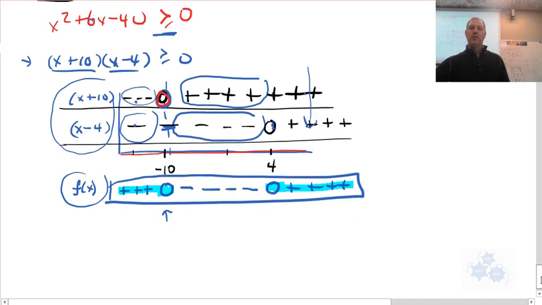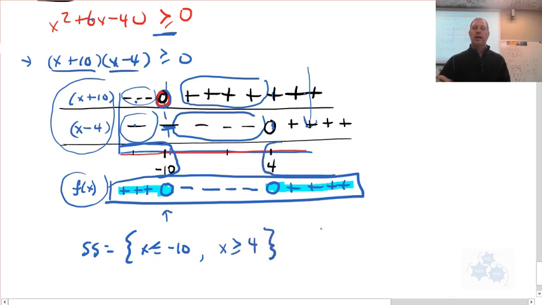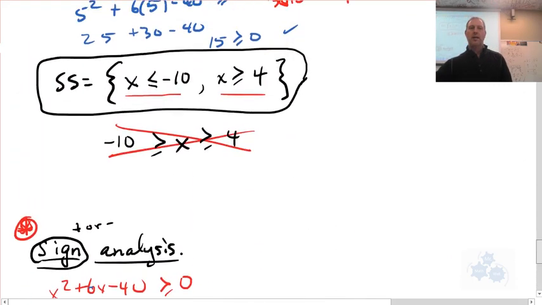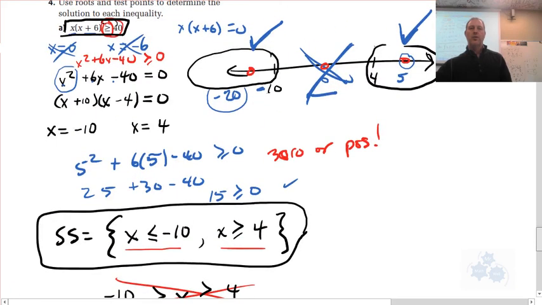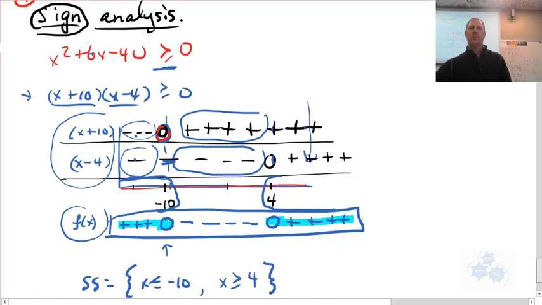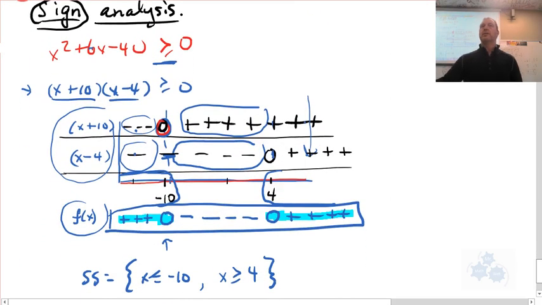So now you can easily see that the solution set is everything that is less than or equal to negative 10, and where x is greater than or equal to positive 4. And that's the same thing that we came up with in the example just before that, doing it a little different way, right? That's the same thing that we did using just kind of a number line and test points. But that's how you do it using sign analysis.